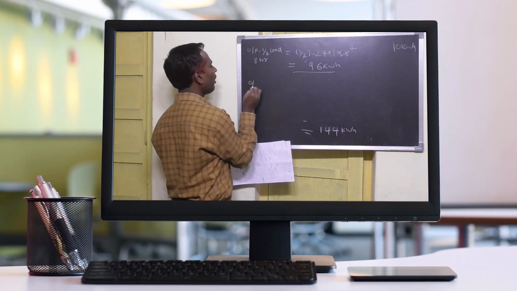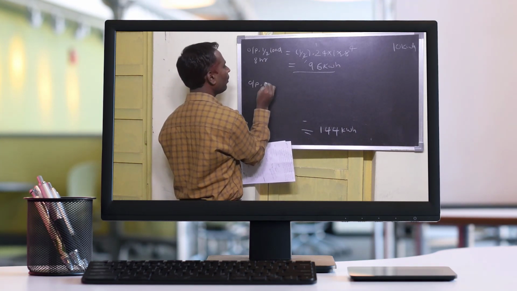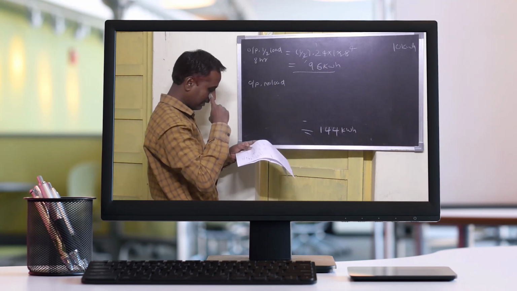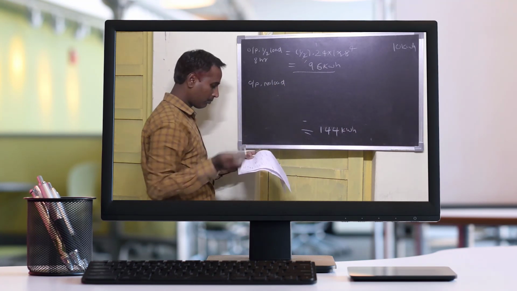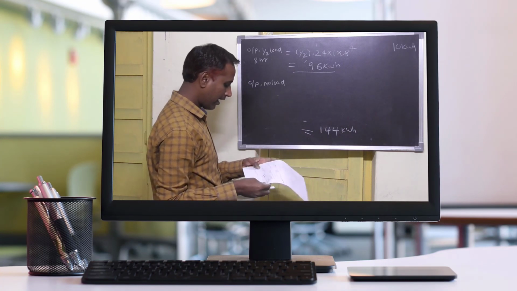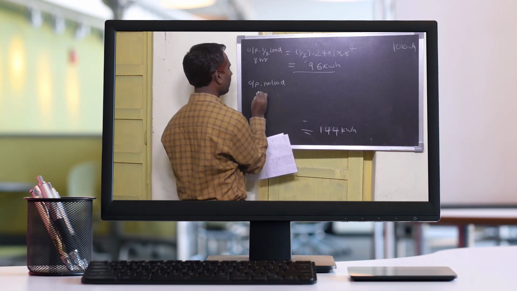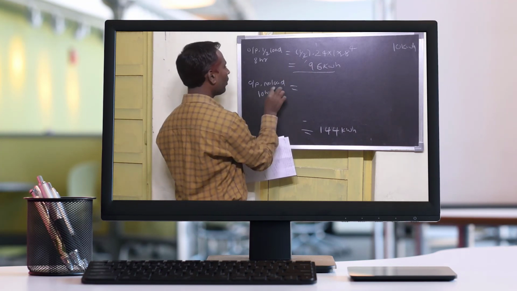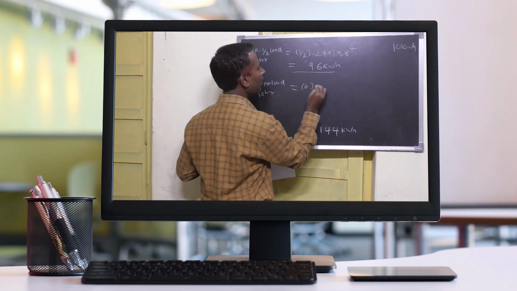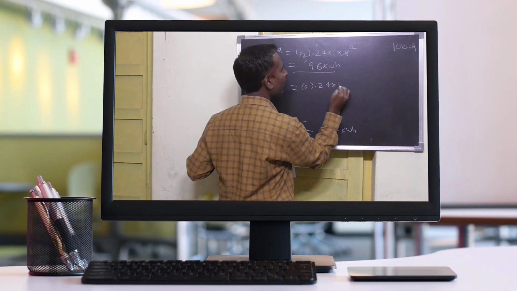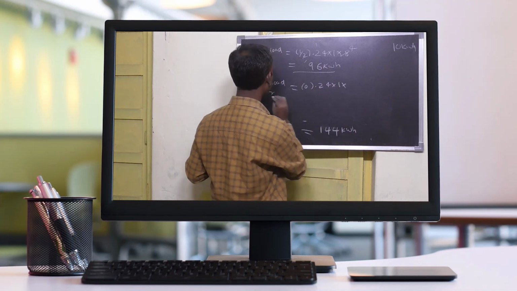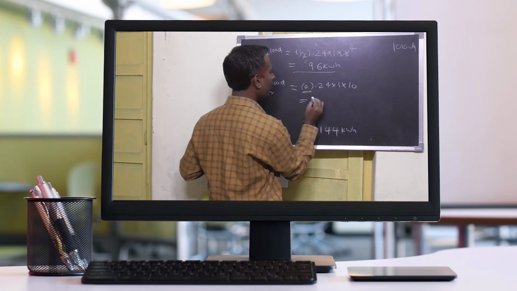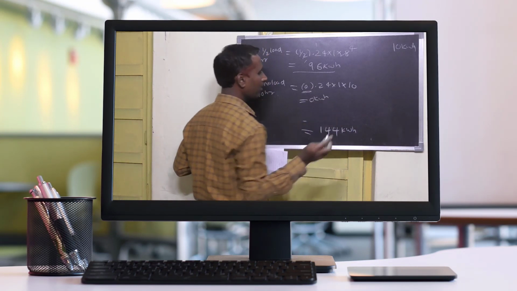Next, I will count the output at no load. Remaining hours are 10 hour. No load means 0 into 24 into 1 into 10. 0 by anything is 0, so 0 kilowatt hour.